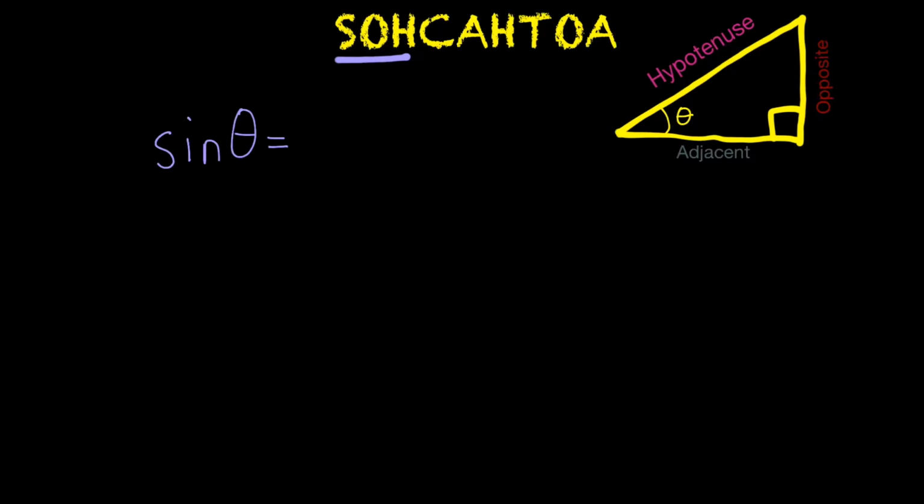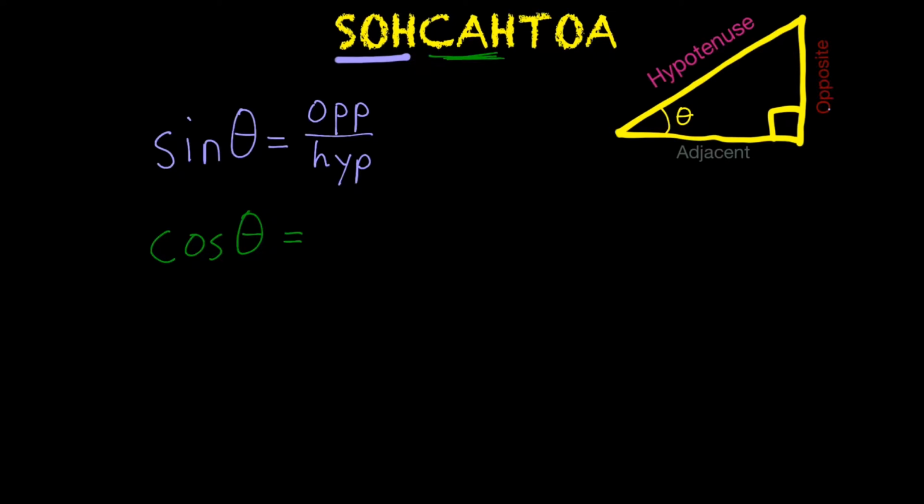OH. So we have an O here, opposite, H hypotenuse. So that equals the opposite over the hypotenuse. Then we look at the next three letters, the C-A-H. So the C stands for cosine of theta, C-O-S, cosine of theta.